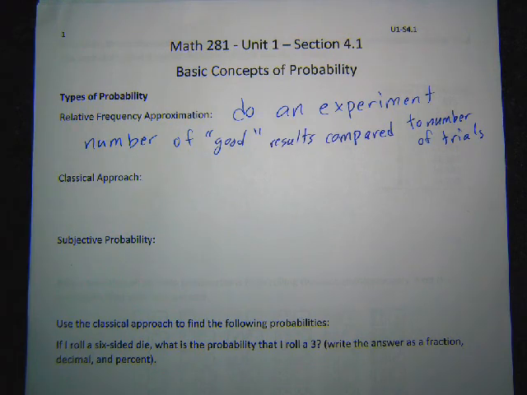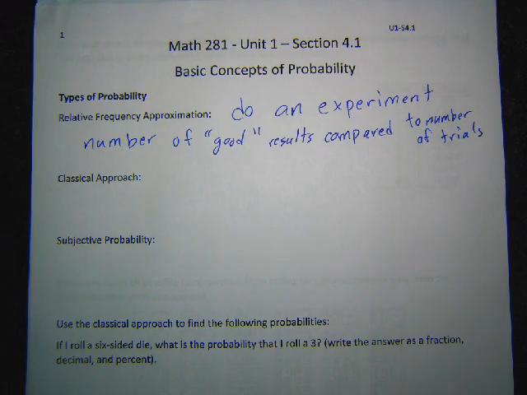If you want to do a study on the percentage of people that have college degrees, you'd sample the whatever nation or state you're in, and then you look at your sample, how many of them do have college degrees out of the number you sampled, and that would be your probability.